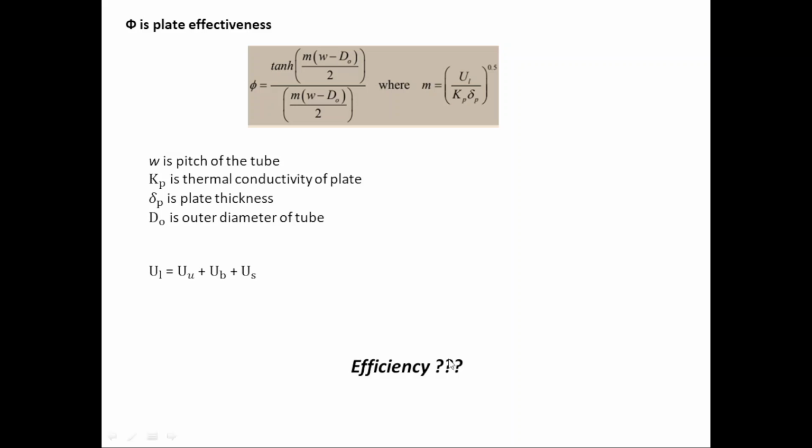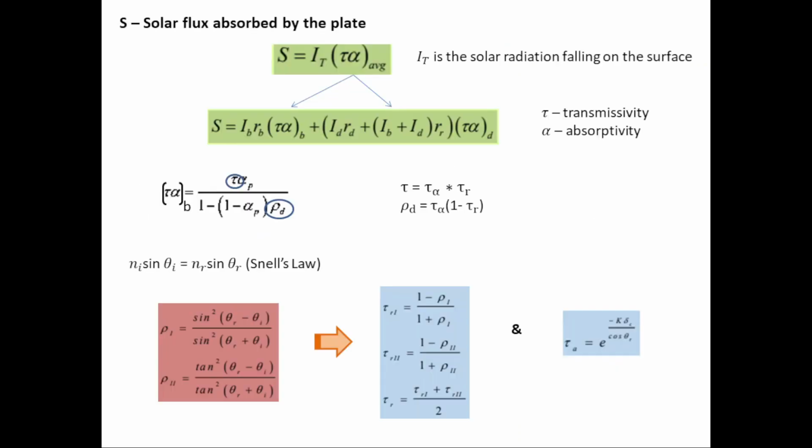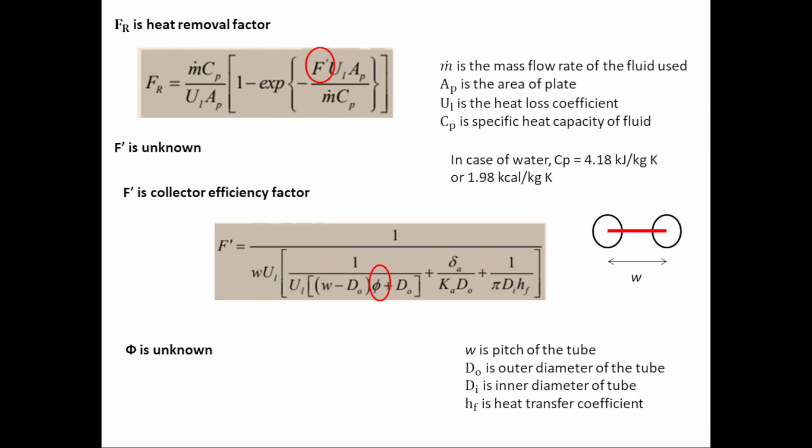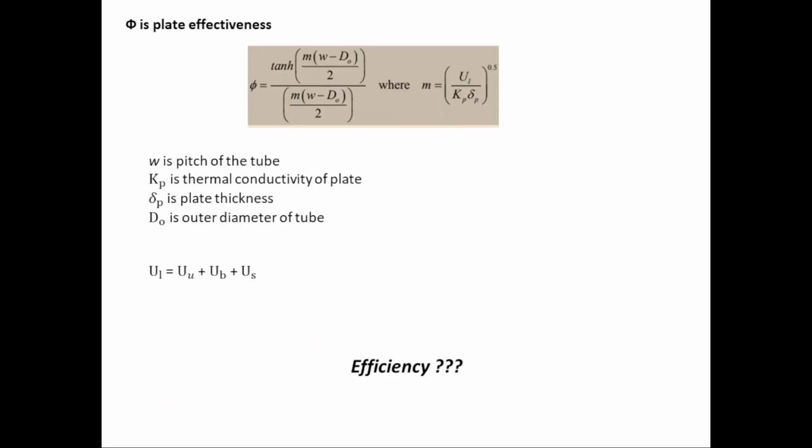I guess this would be very simple. I hope everybody will be able to do it, but I just want to know. Can anybody tell me how to calculate the efficiency, or what could be the formula for the efficiency?